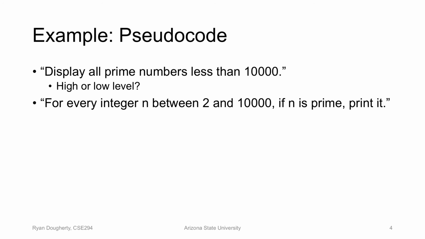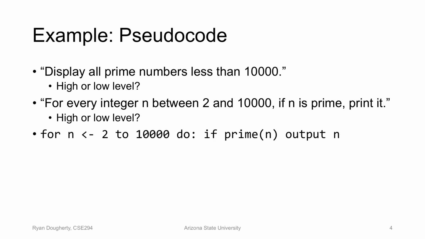It's easily implementable, because we know the first part of that sentence, for every integer n between 2 and 10,000, we know how to do that with a for loop. But it's not clear from here how to implement n is prime, although we do know how to print it. There are parts of it that we don't quite know how to program directly. So high or low level, I think somewhat in the middle. It's not quite low level, it's not quite high level yet.